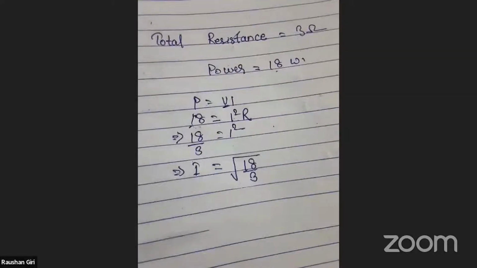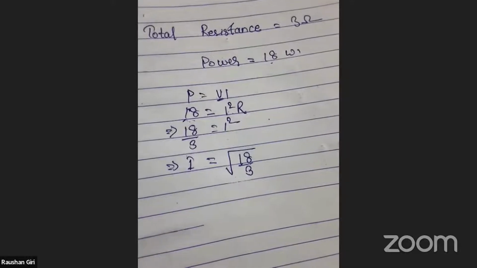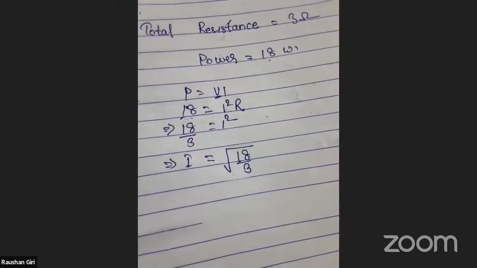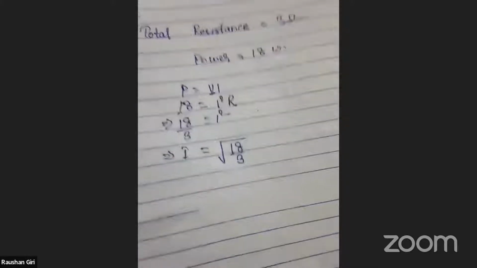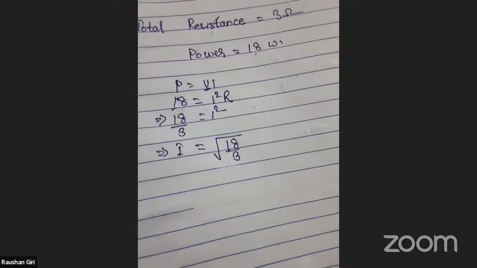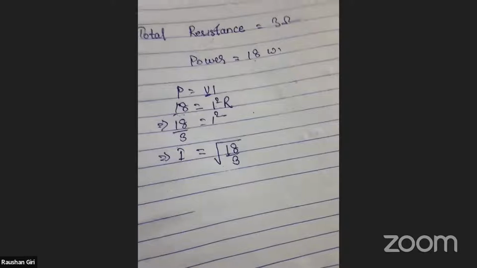So power is 18 watts, I square R. Then you are getting 18 by 3, that is 6, root under 6 ampere. Sir, but the answer in the book is given as 3 ampere.